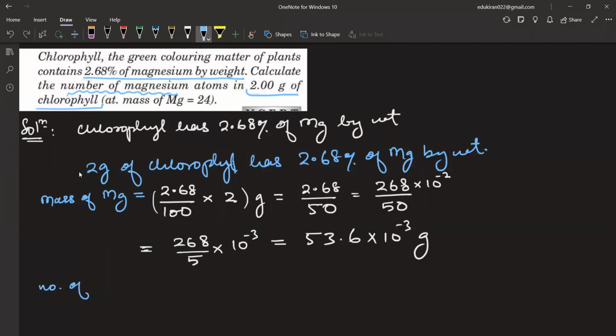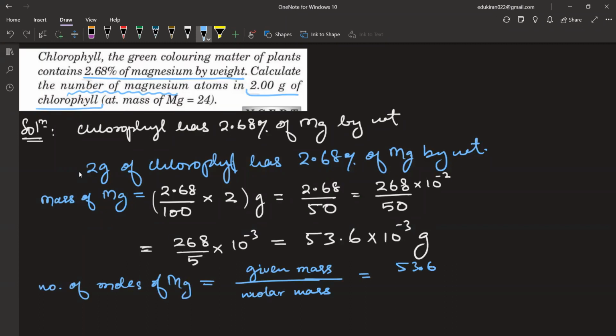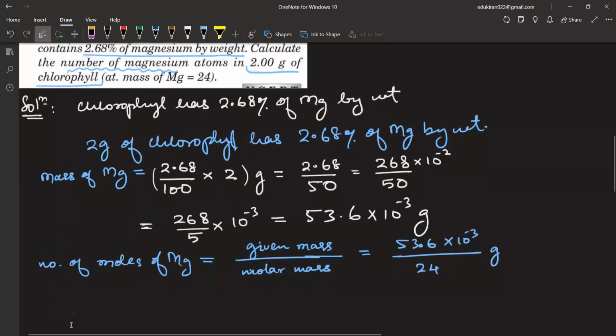So the number of moles of Mg is equal to given mass upon molar mass. The given mass is 53.6 into 10 to the power minus 3 divided by 24 grams. Calculate this now.